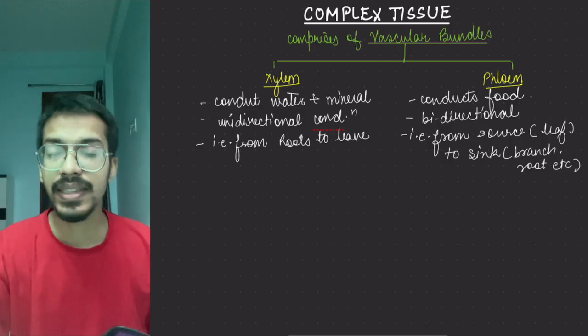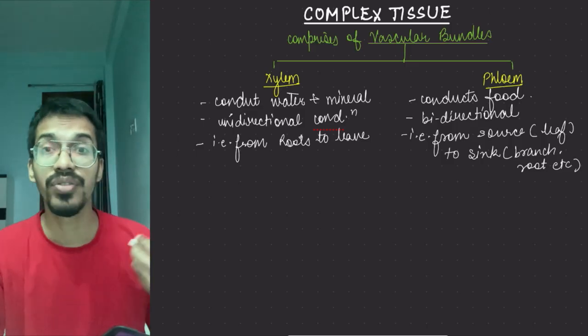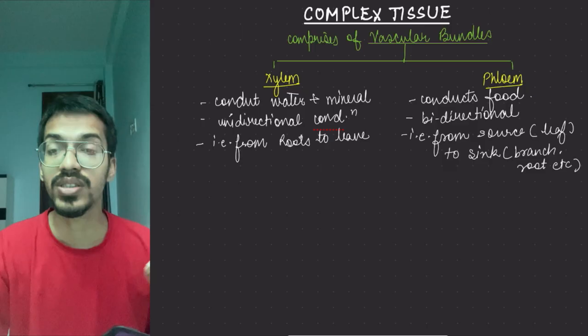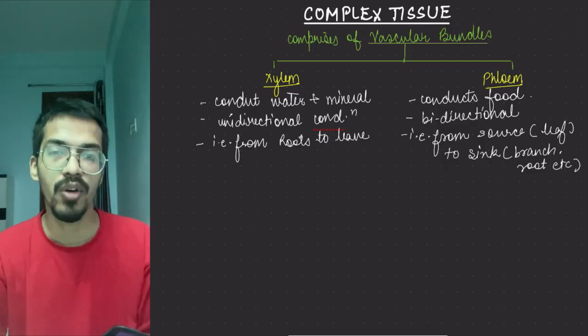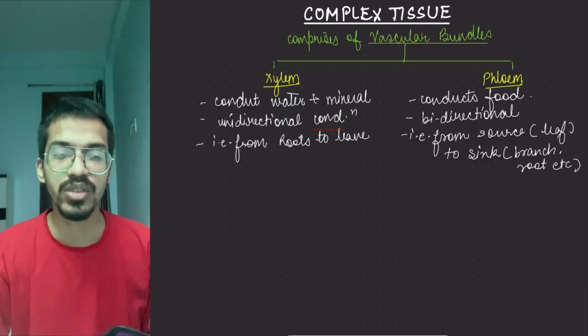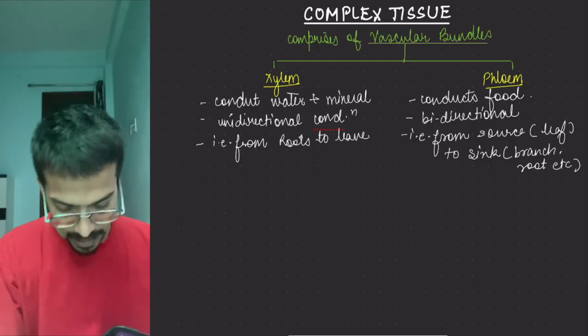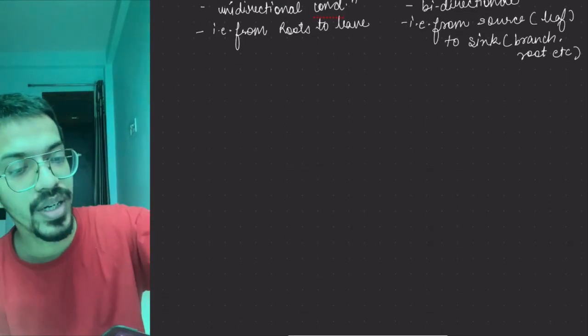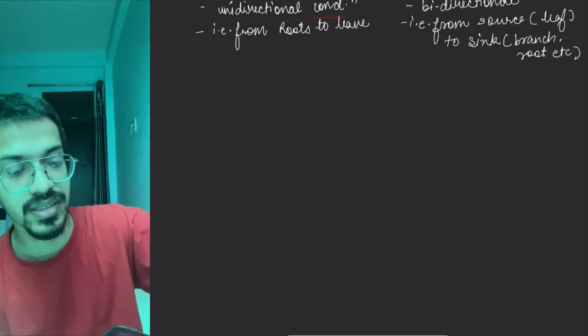Now we have already done that. The xylem and phloem have further parts. They are complex tissues because they are made up of multiple types of tissues coming together doing common functions. That's why they are called complex tissues. Now let's start one by one. The first one that we're going to start is the xylem.